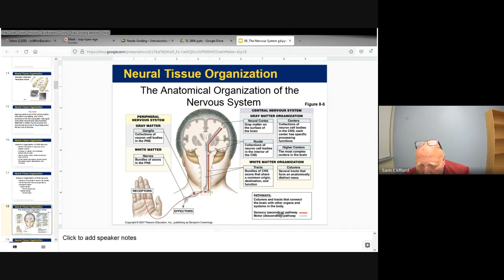They collect information. You can see the information is going from the periphery into the brain. You can see motor pathways are carrying information from the brain to the exterior. So this is sensory input in these columns, and motor output also coming from the brain.